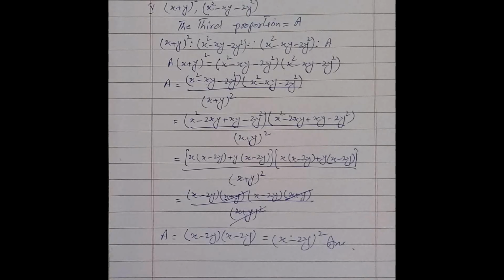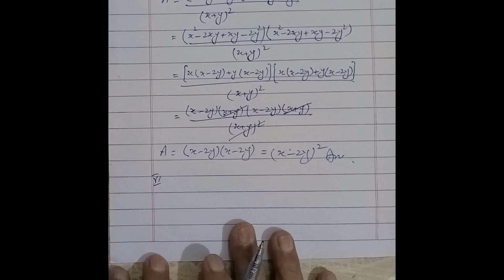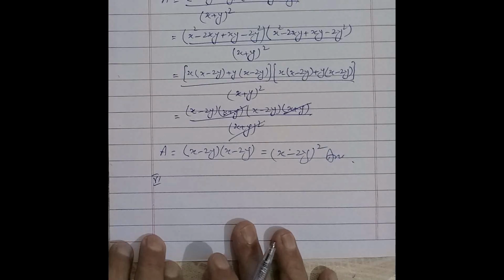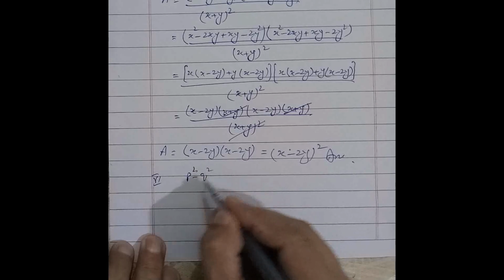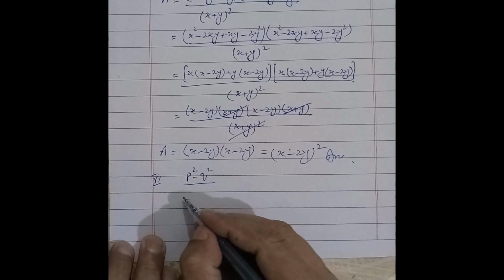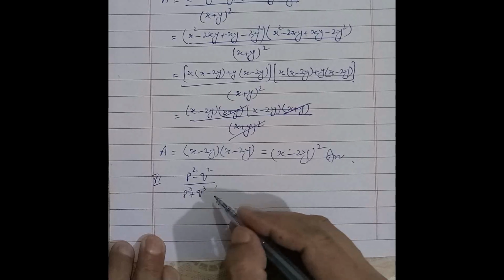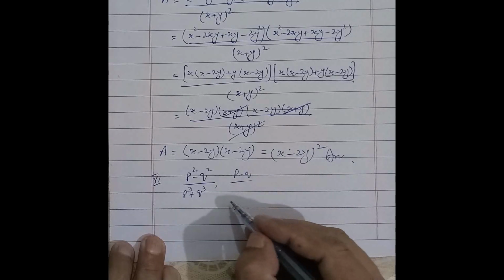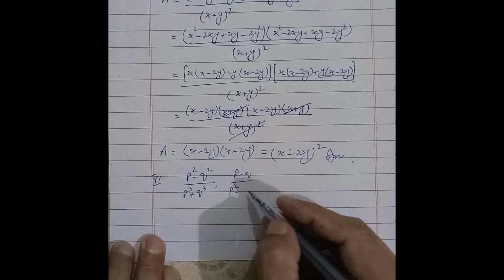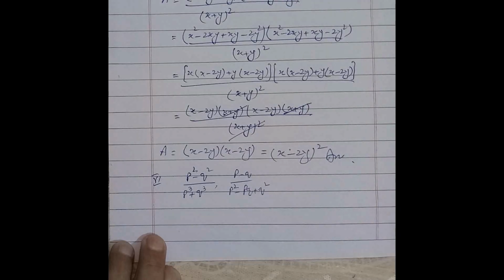Further, the sixth part, which is (p² − q²) over (p³ + q³), and the second value is (p − q) over (p² − pq + q²).